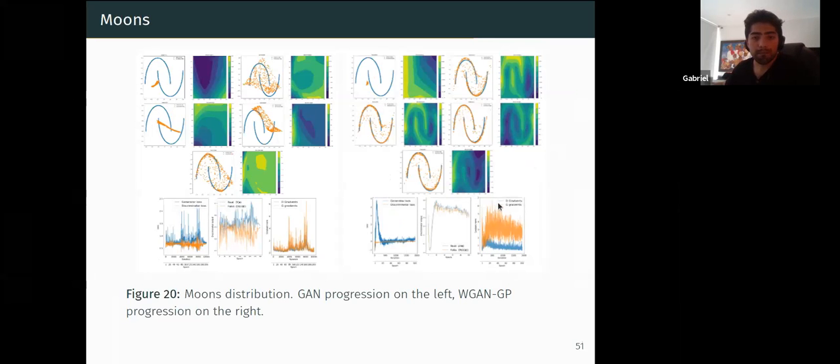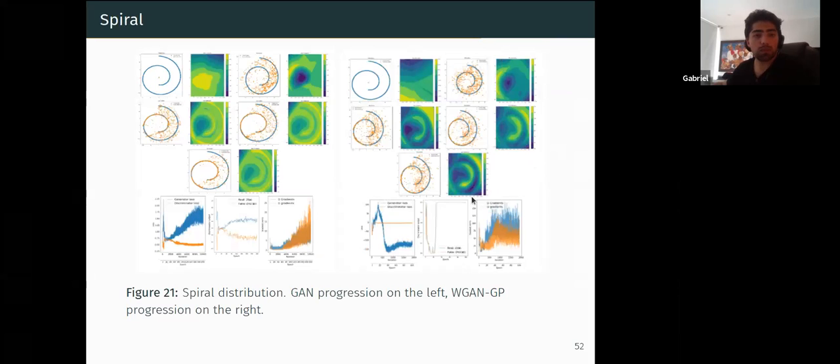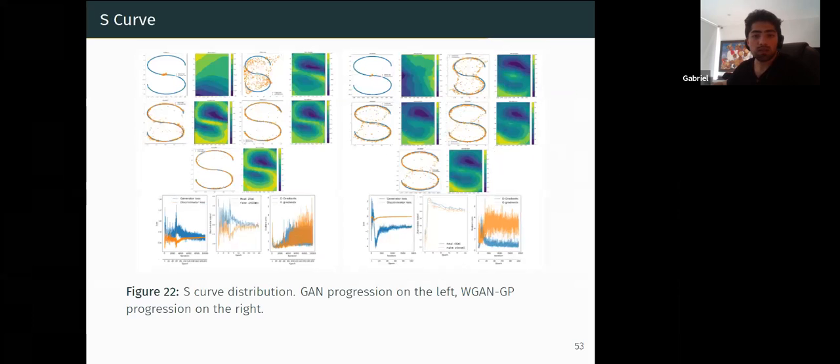Finally, we can show more consistent convergence in Wasserstein GAN than in the original formulation of GAN, and that is a testament to the stability improved by using a more appropriate distance metric to measure distance between distributions.